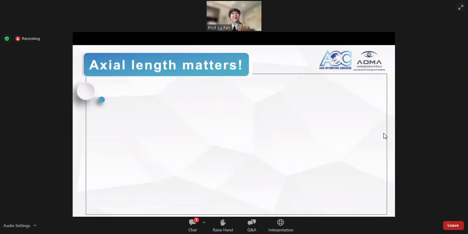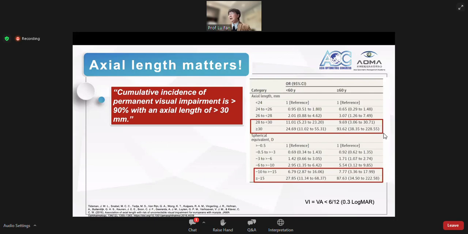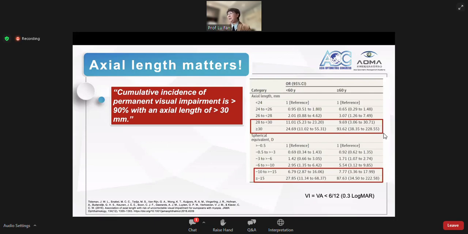Axial length elongation has been proved to be one of myopia's features. That is, myopia onset and progression is strictly related to axial length elongation. The axial length elongation matters a lot.